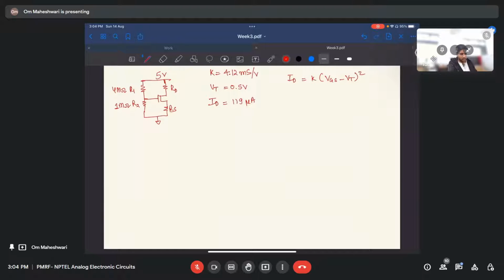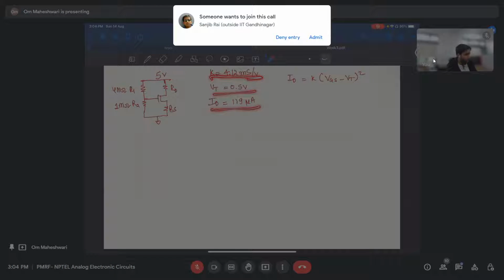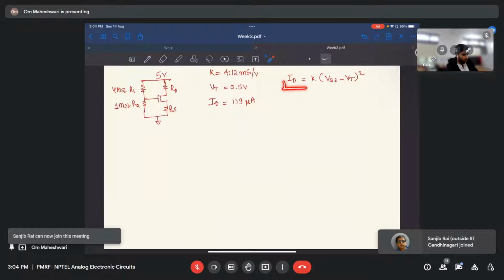This is the circuit I have just drawn. Here the K value is given, VT is given, and ID is given. So we will use this formula to find VGS minus VT first.